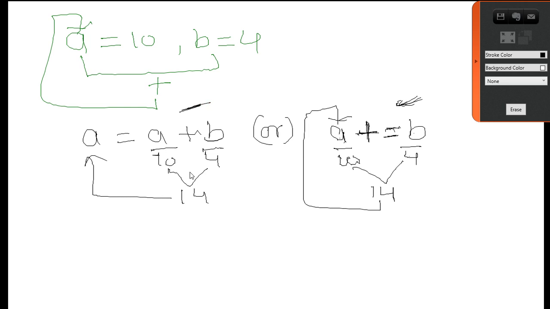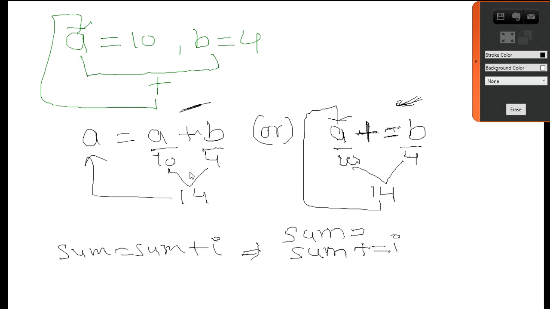Similarly, I can give you some more examples like this. Sum is equal to sum plus i. How can I write this? I can write sum plus is equal to i. Similarly, how can I write fact is equal to fact multiplied by j in short form?